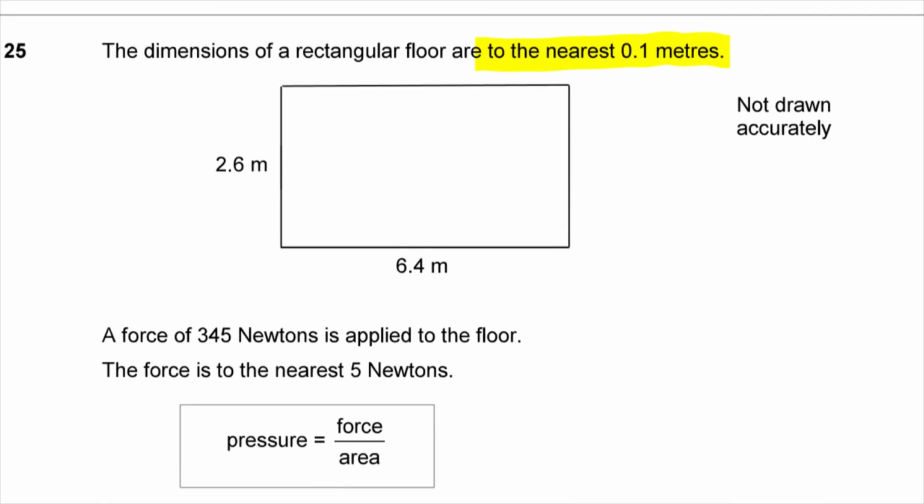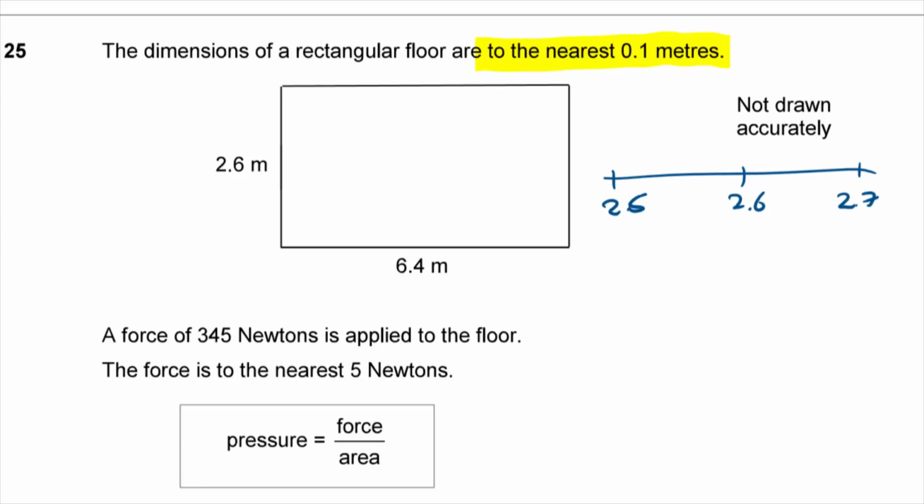So let's take our lengths and widths of our rectangular floor first off. It's the nearest 0.1 meters. So 2.6 meters, then the width. If I've got 2.6 on the number line, then 0.1 more than that would be 2.7. 0.1 below that would be 2.5.